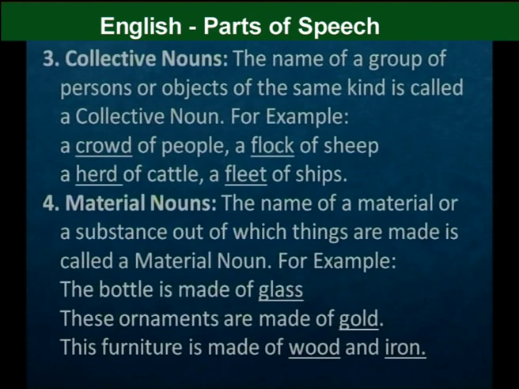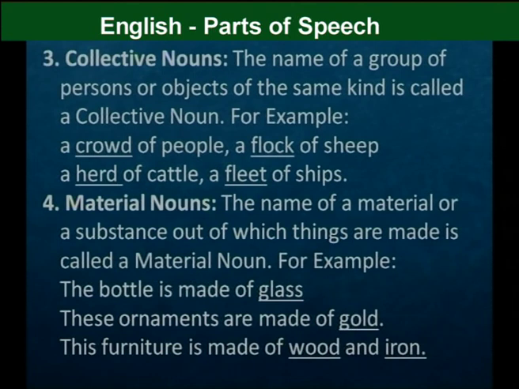So, the underlined words glass, gold, wood, iron are all material nouns, the names of a material or substance from which we make things.